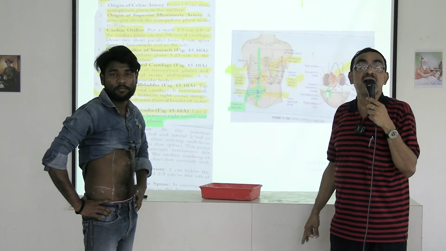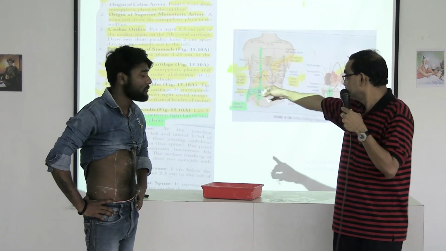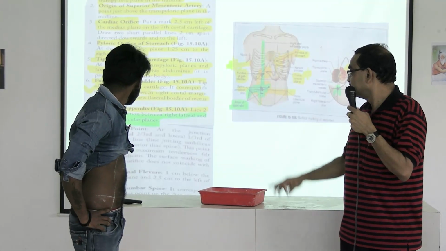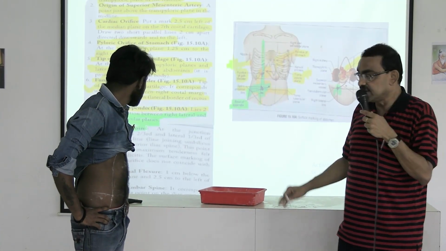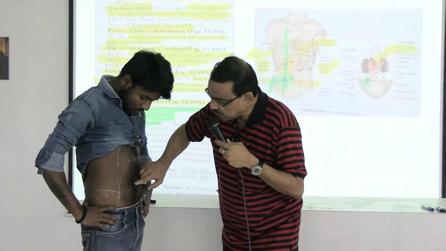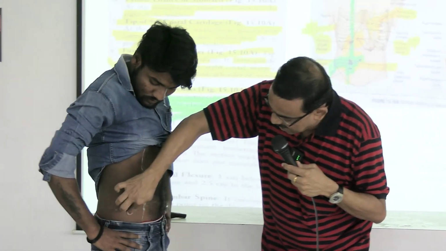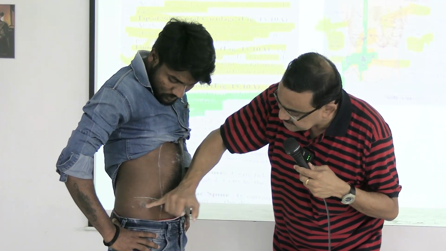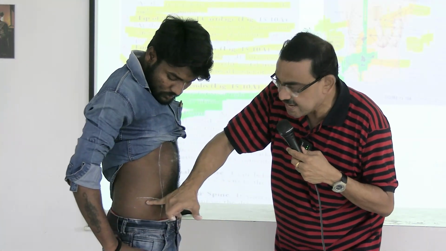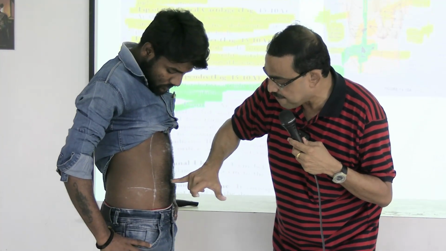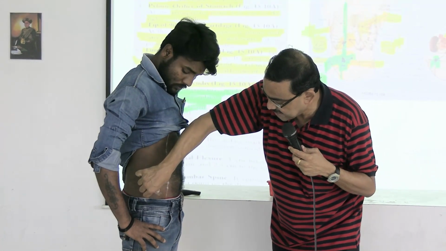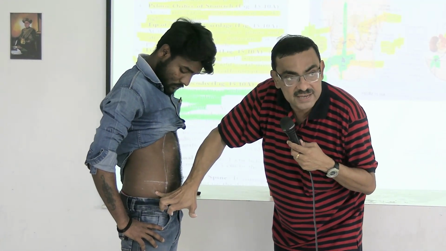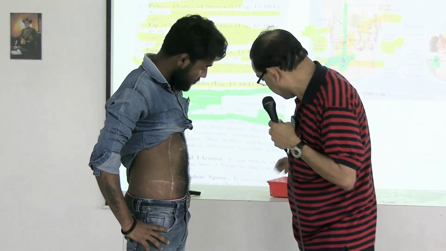That is called McBurney's point. Number 8. How will we draw it? We have to draw a line joining the anterior superior iliac spine and the umbilicus. So this is the anterior superior iliac spine.